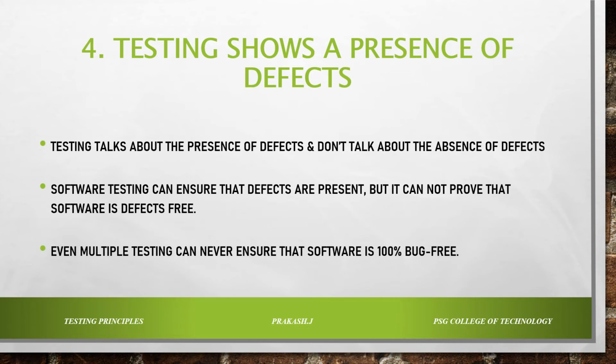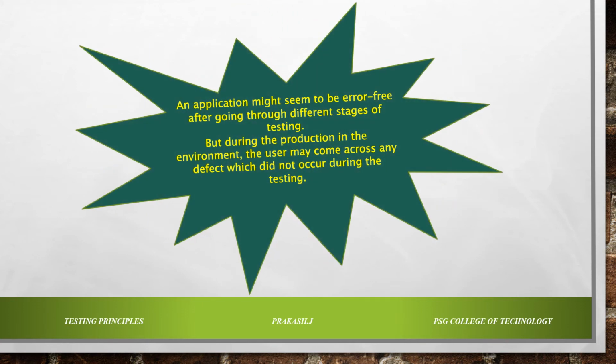When you keep on testing a particular software application multiple times, you can ensure only the presence of errors, and you can never claim that it is 100% bug free. Consider an example where a particular application or software is identified as error free and goes out of the testing phase.